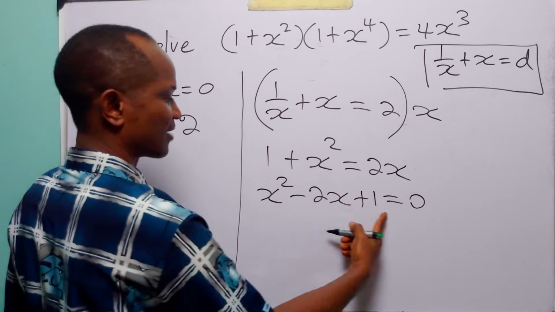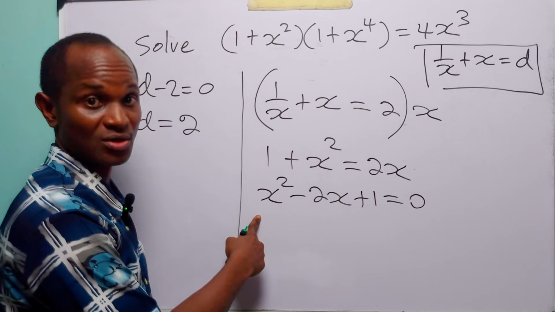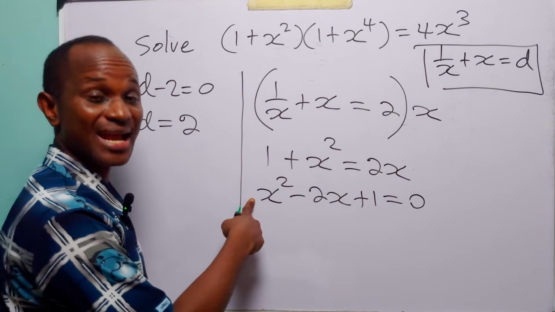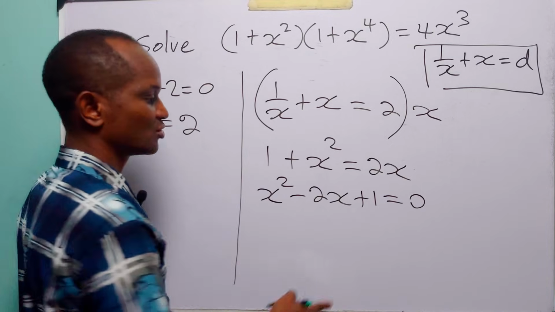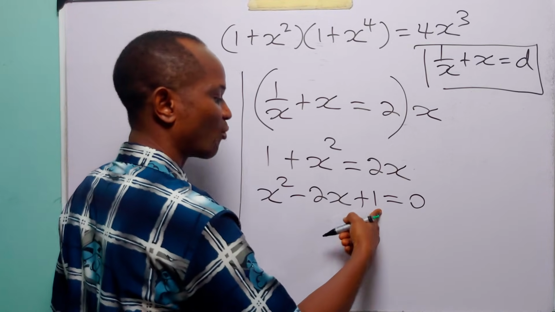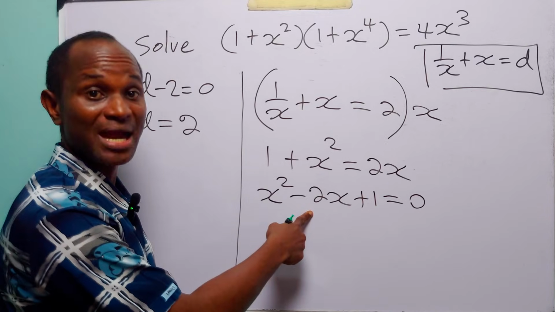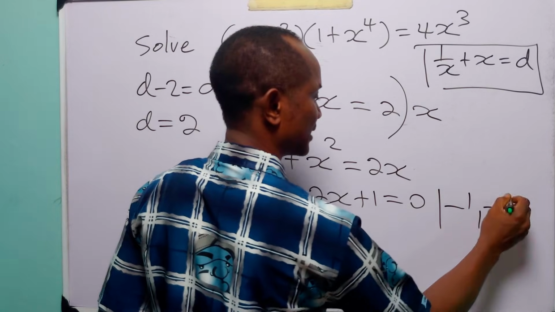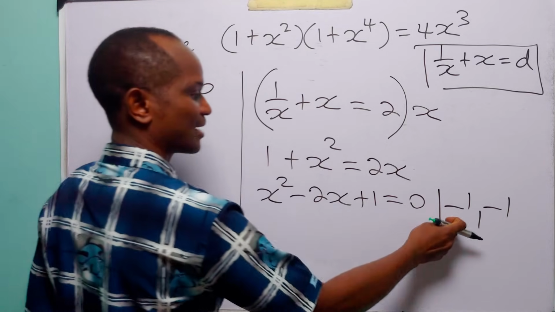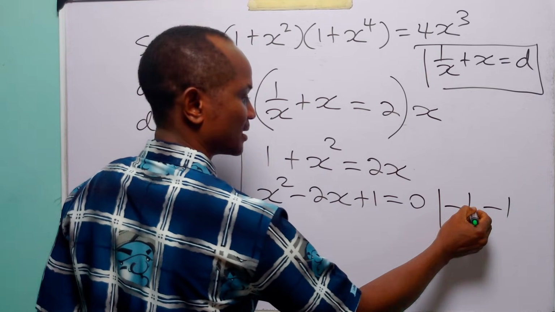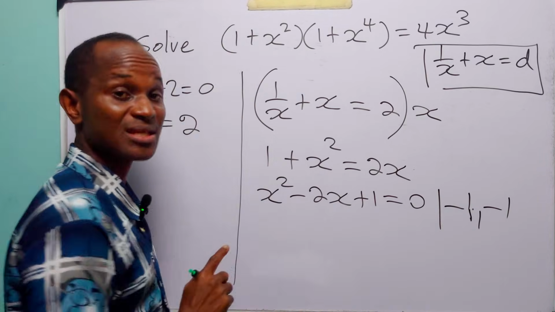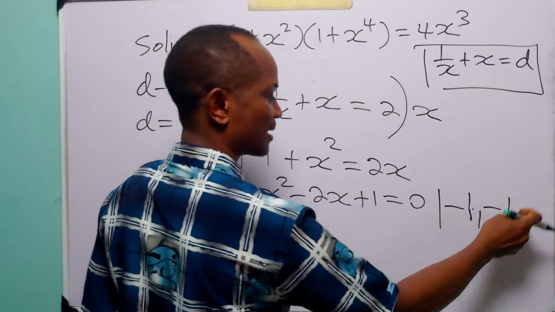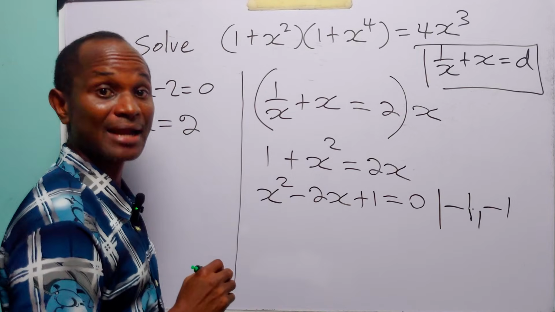Of course, you know that we can factorize this quadratic equation. Since the coefficient of x squared is 1, all we have to do is to find the factors of 1 that will give us minus 2. And of course, those are minus 1 and minus 1. Because minus 1 times minus 1 is going to give us plus 1, while minus 1 minus 1 is going to give us minus 2.